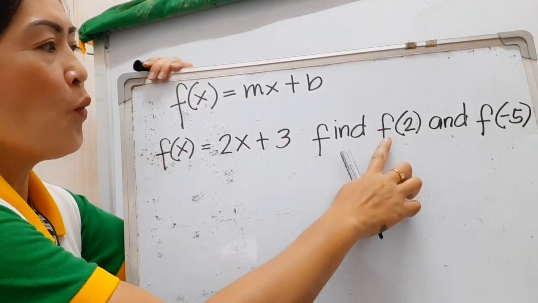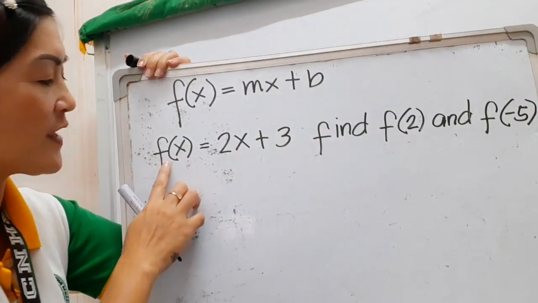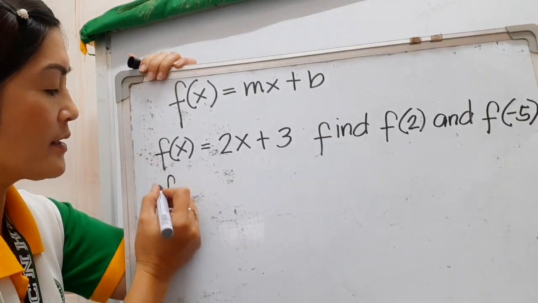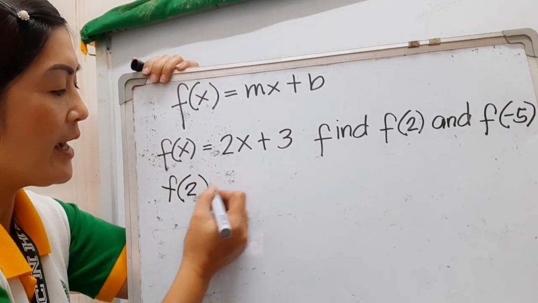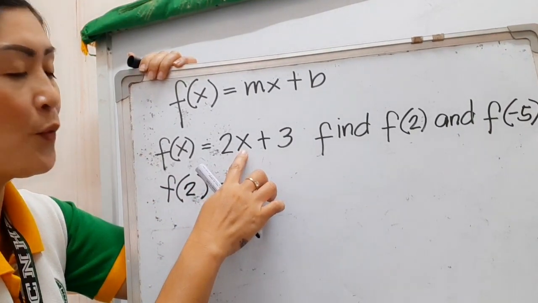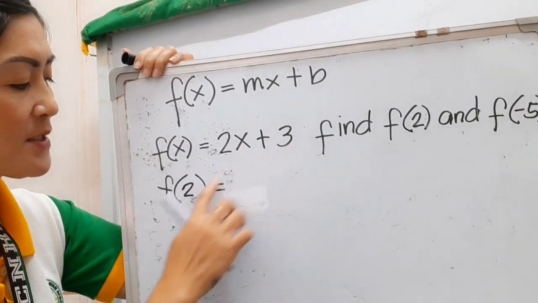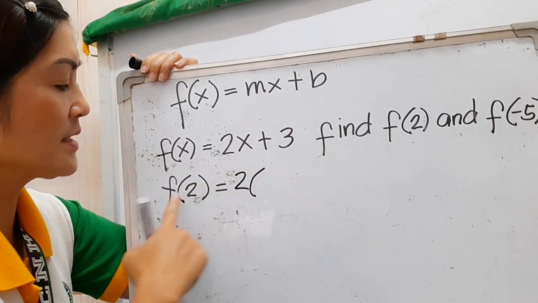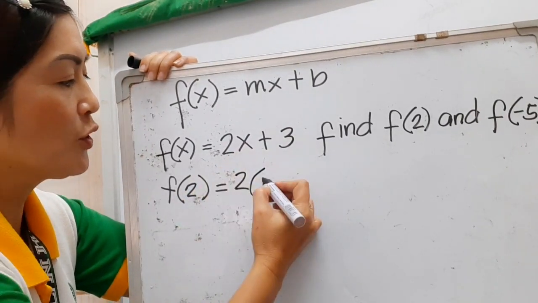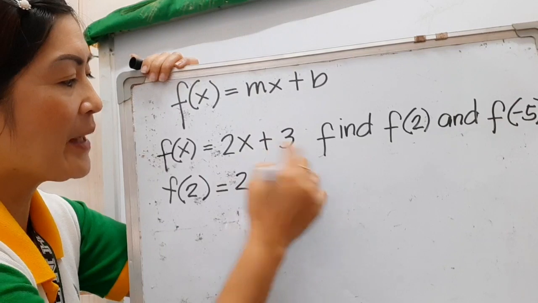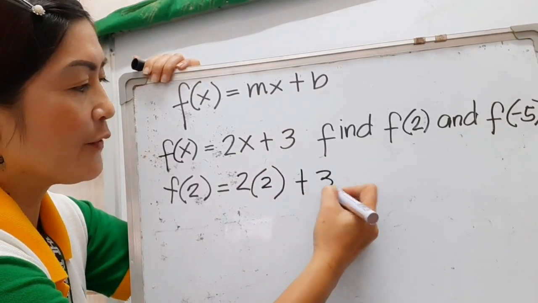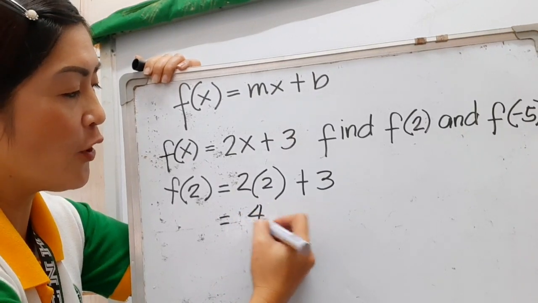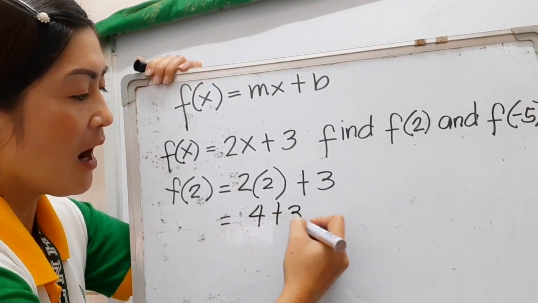So find f of 2. This f of x now becomes f of 2. So f of 2 is equal to, we substitute x with the value of 2. So 2 times the value of x, substitute 2, copy, plus 3. 2 times 2 is 4, plus 3.